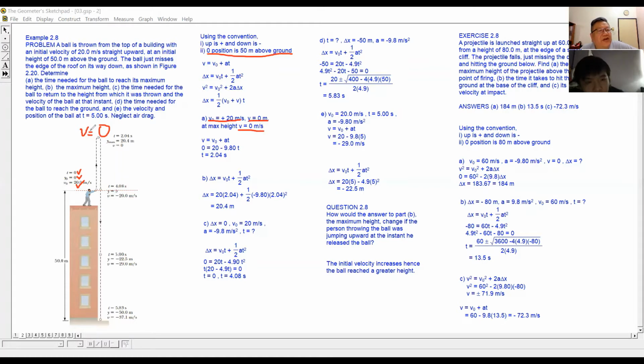And at this position, the final velocity V is 0. So what you want to find is the time. So I add one more here. We want to know what is the t equal to? This is what we want to find.